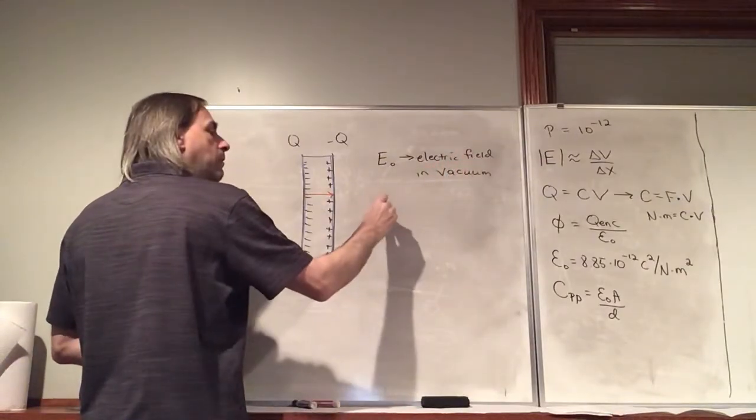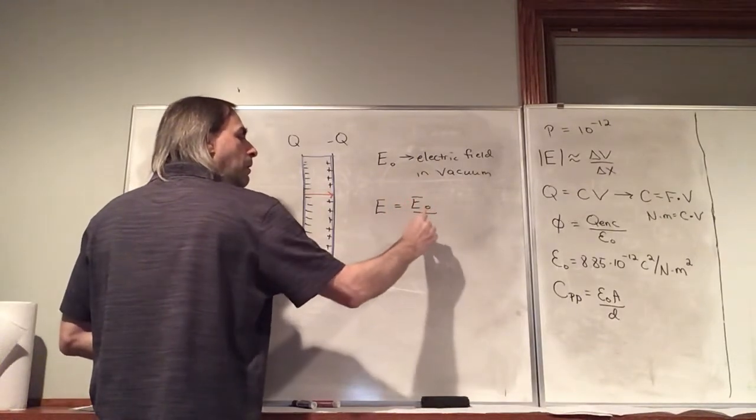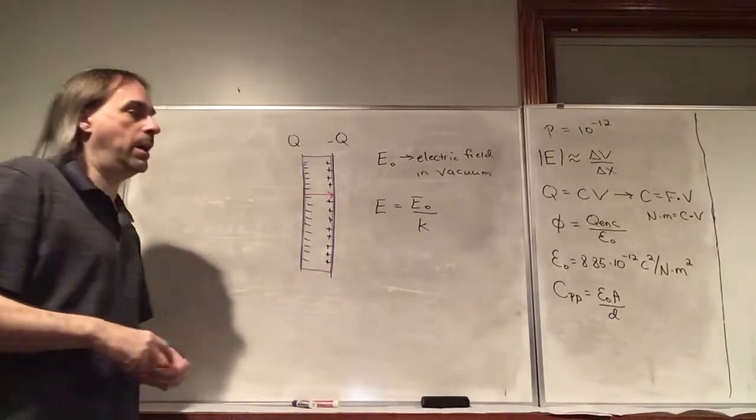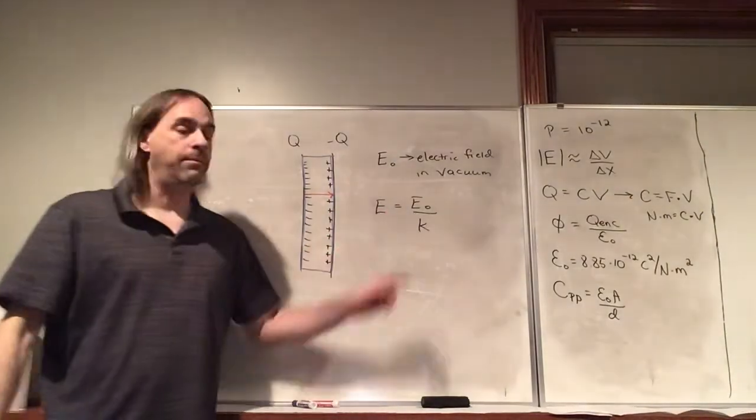Then the electric field in the dielectric would be what you get in a vacuum divided by kappa, this Greek letter that looks like a K.